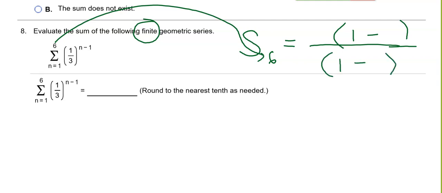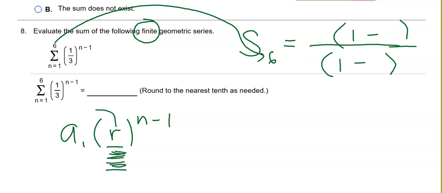1. Remember, it's first term times r to the n minus 1 power. What is the r? Isn't it the 1/3? Yeah. Okay. So we got a 1/3 there, and we got a 1/3 there.